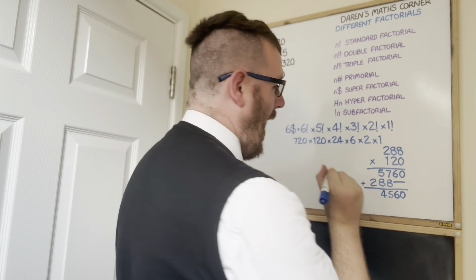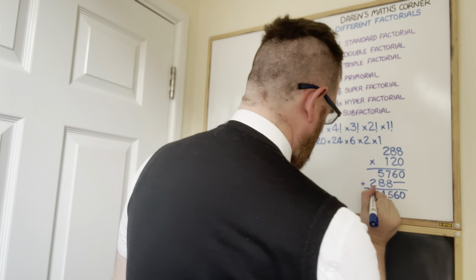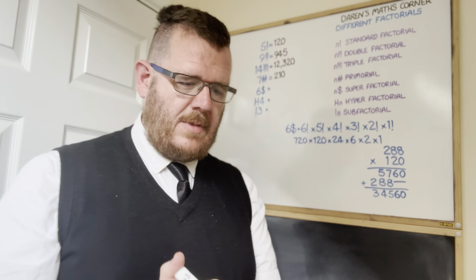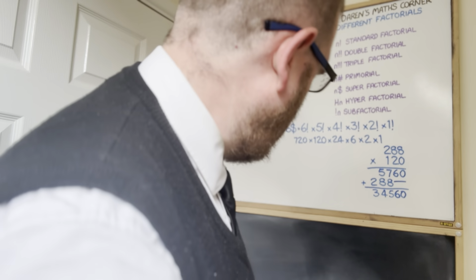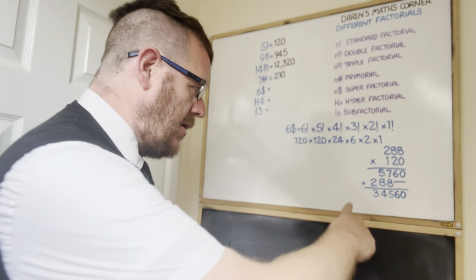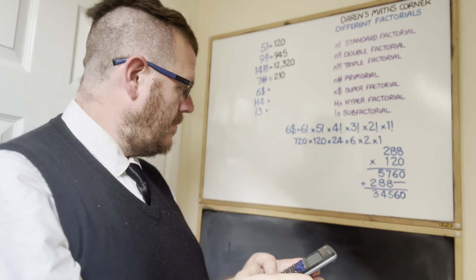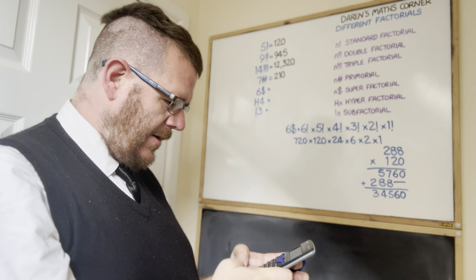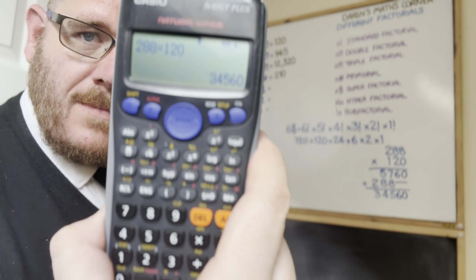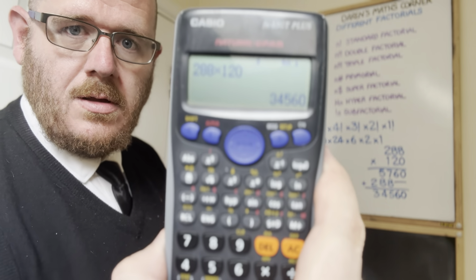And 2, add 1. That's where I went wrong last time, add 1. Because otherwise you'll end up overshooting. So that's the answer I've written. Let me check it on the calculator just to double check. And I've got it right this time.